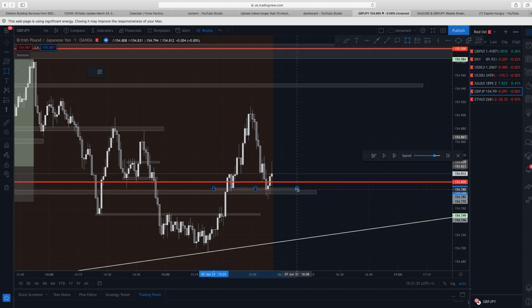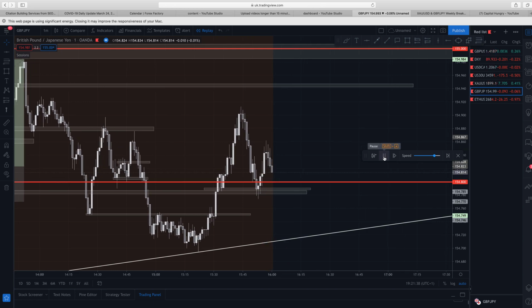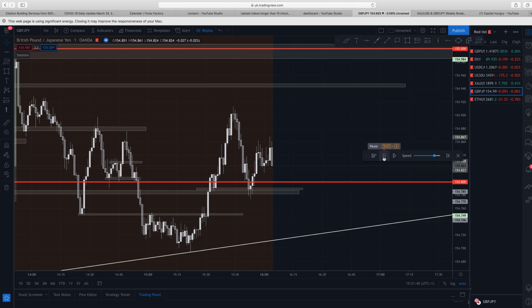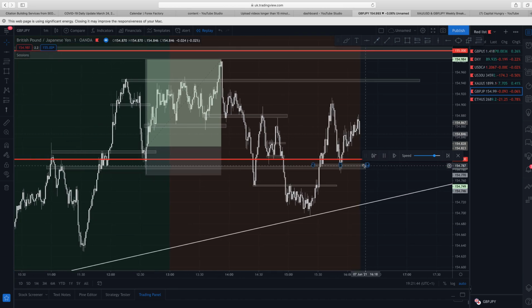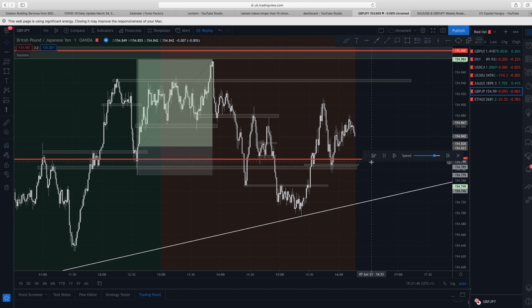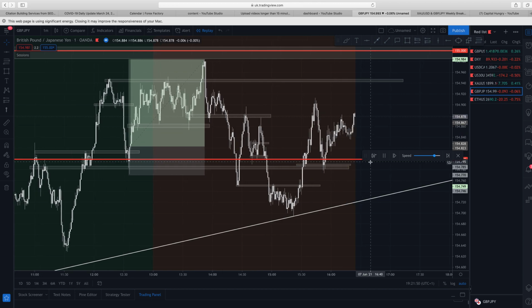Failures to close below the wick rejection. Double bottom. 3 wick rejections. Oh, it's just absolutely terrible going in there, this price action. I wouldn't want to be involved in this.